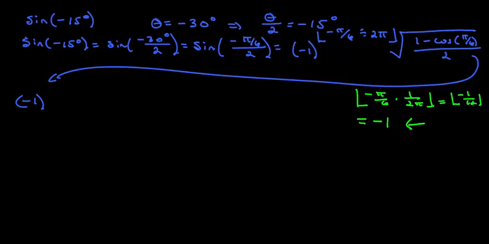Why is that? Well, remember, here's 0, here's negative 1. Right here is where negative 1/12 falls, and it's got to round left back to the nearest integer. So we're going to raise this guy to the negative 1.